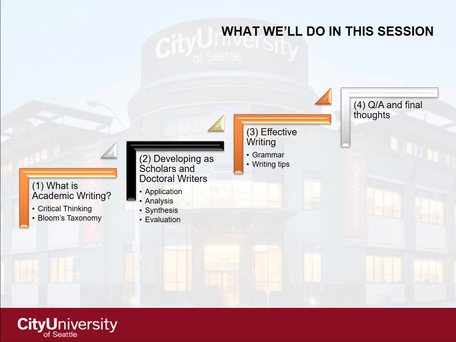And if you think back to your earlier classes and perhaps in your 606 class that you may have taken from Dr. Flores, you were exposed to some of these ideas, and that course had you think through these. But if you haven't, or if you have not seen that in a long time, this is a great review. Third, we're going to talk about effective writing. And so just some grammar tips, some tips to think about when you're writing, words to avoid, etc. And then finally some question and answers and final thoughts.